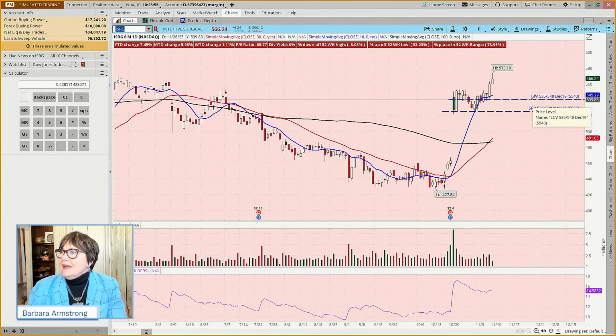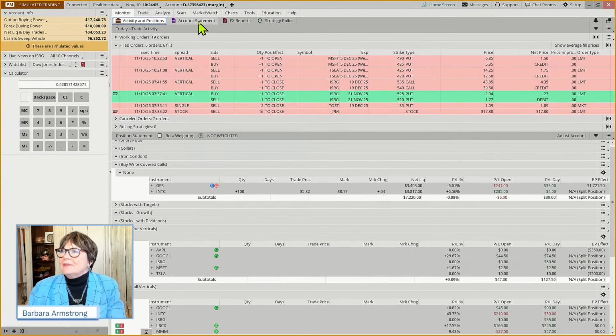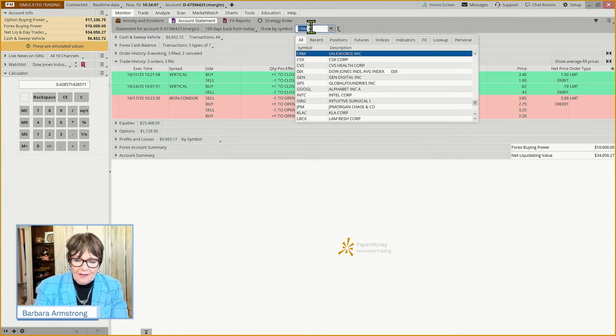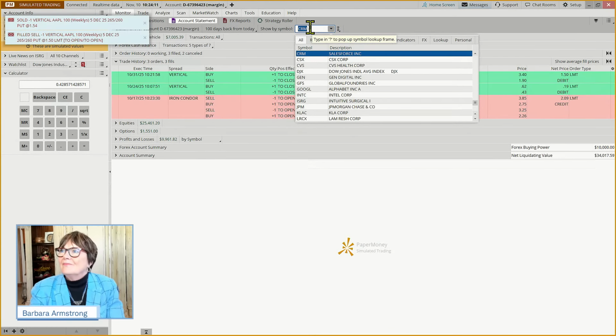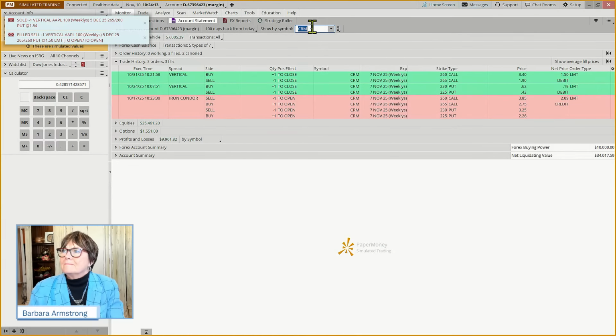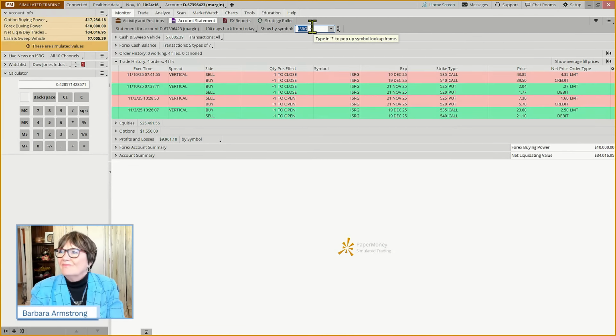Our short put vertical was at 525 and 520, and the long call vertical 535, 540. If we come to our monitor tab, the account statement, and type in ISRG, now everything's filling. So here was our call vertical.